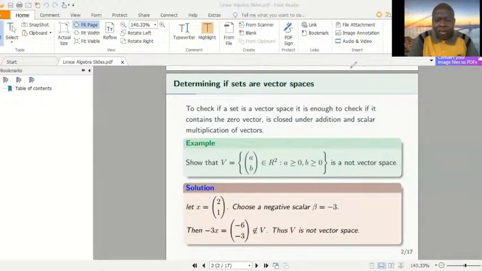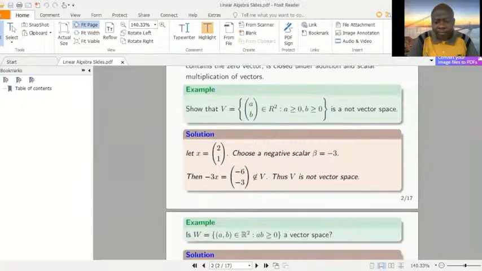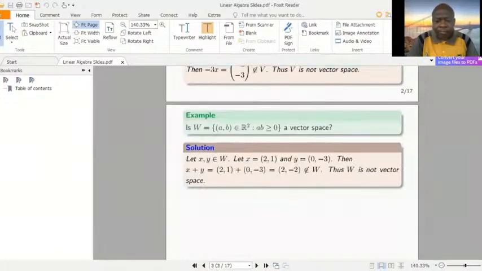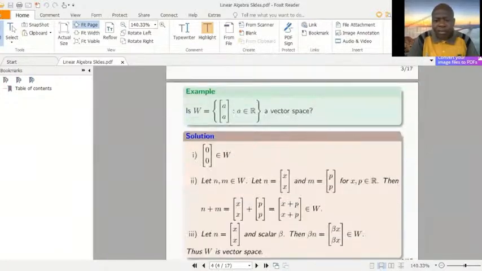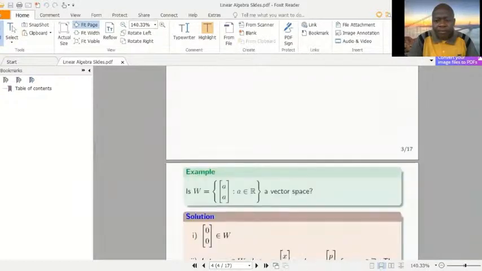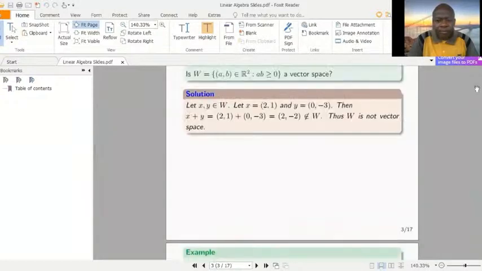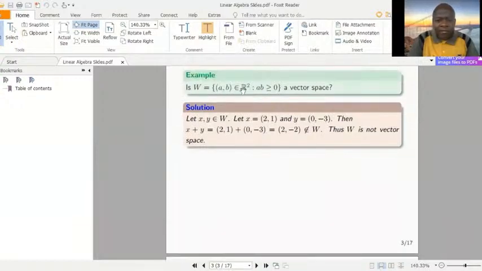And let's look at another example. This is the other example, and it asks, is this set W a vector space?